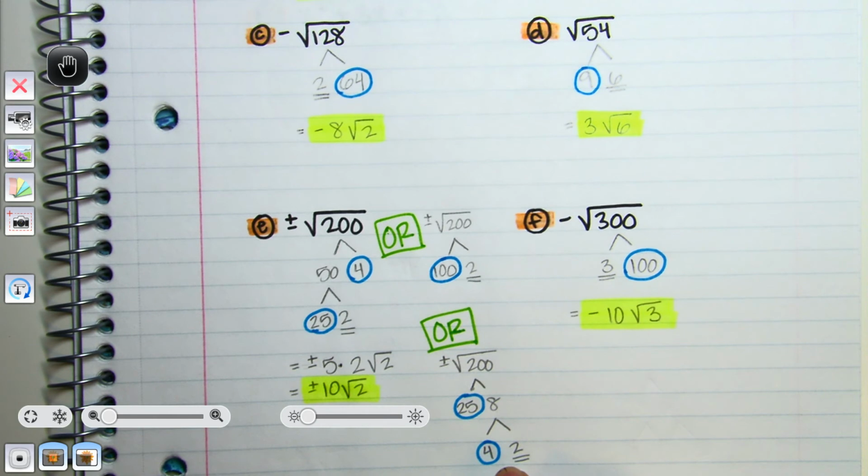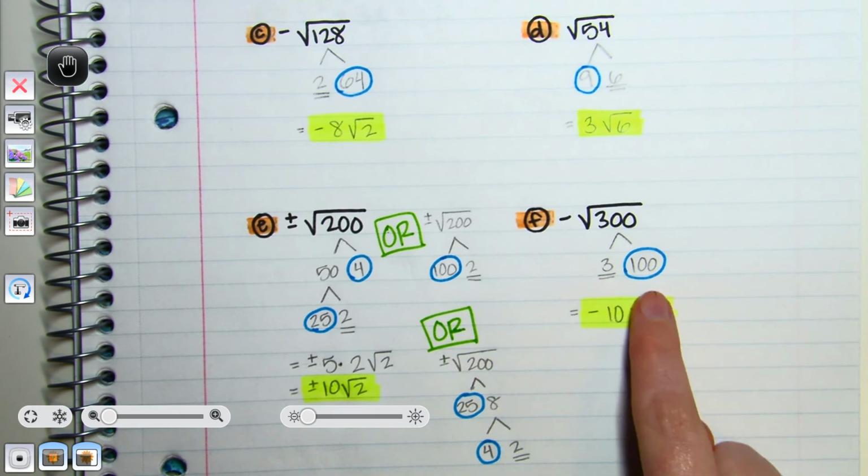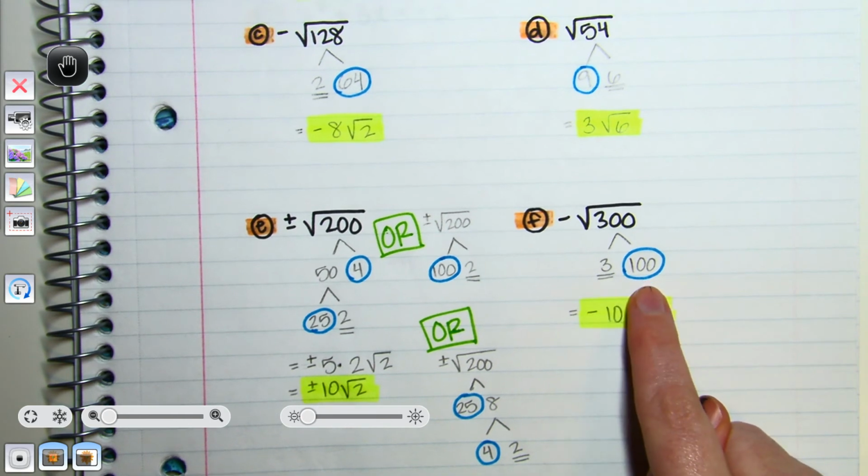It's honestly just a preference of your own personal thought process and how you look at this and what you recognize. But I highly recommend that you try to break these down so that they will give you a perfect square in what you're breaking them down into. So like for this one with E and F, it's so much less work to break this down as 100 times a number because 100 is already a perfect square.